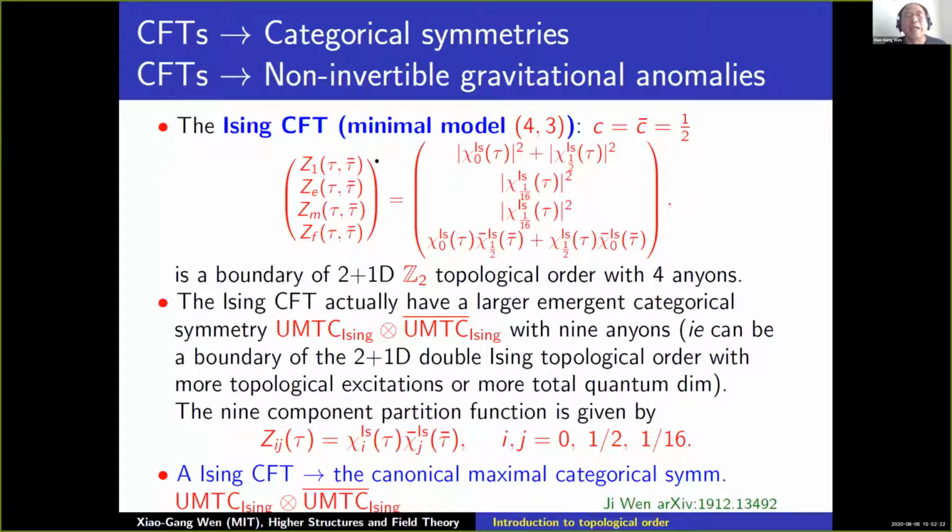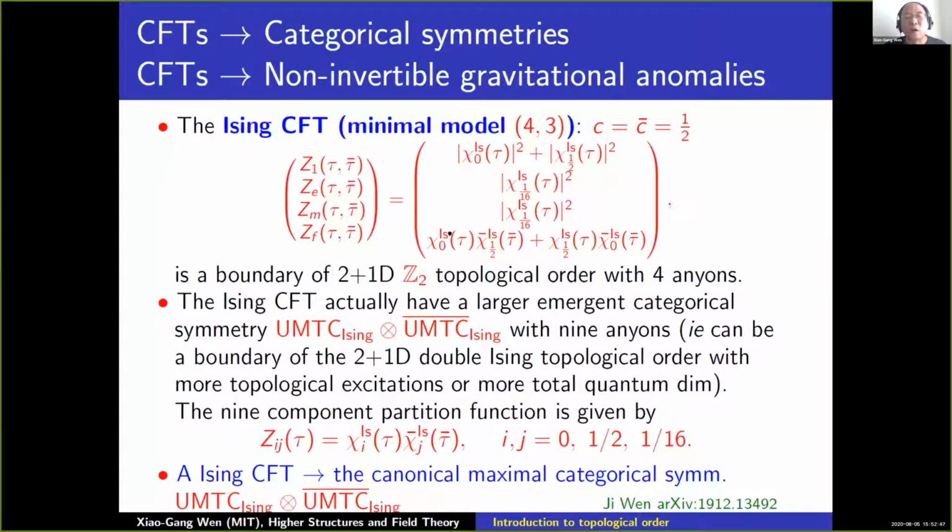So there's a 9 component partition function, which satisfies this modular covariance. So therefore, the Ising CFT actually has a so-called emergent maximal categorical symmetry, which is given by this double Ising model, a double Ising modular tensor category with the 9 anyons.